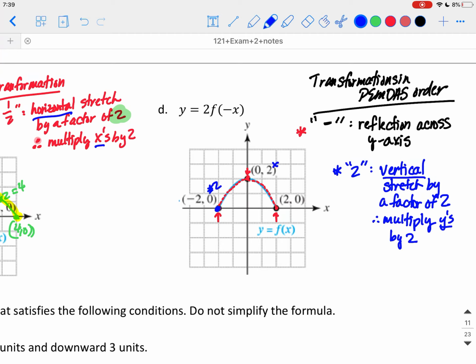And this is going to be 2 times 2, which is 4. So this is going to be 0, 4. And this is going to be 0 times 2, which is 0, so it stays there. And so this is our kid. Let me highlight them. And there's our graph.